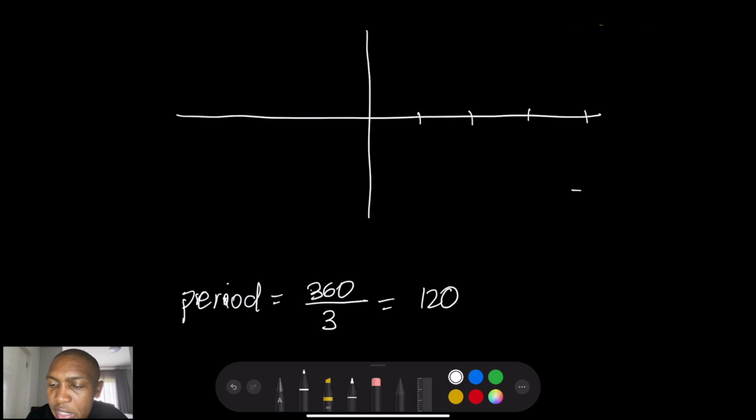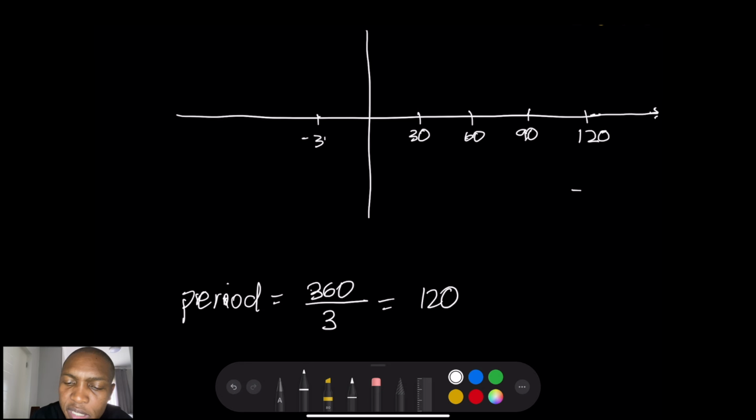Okay, so let's take the first one. 90 divided by 3 would be 30. 180 divided by 3 would be 60. 270 divided by 3 would give you 90. And obviously 360 divided by 3 would be 120. Okay, we just need to extend this a little. So it keeps going now with increments of 30 degrees.